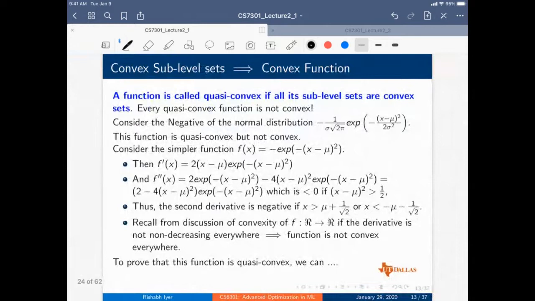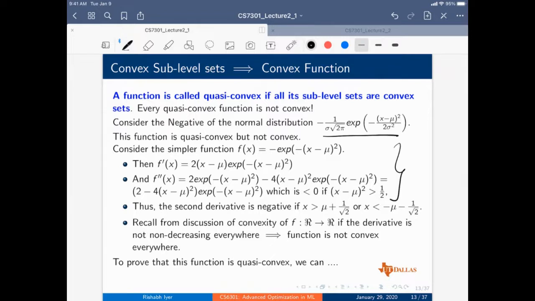This is another example. I'll go over it very quickly. This is the standard normal distribution function. So you take f of x to be 1 minus 1 over sigma square root 2 pi exp raised to minus x minus mu square over 2 sigma square, right? With this, you can show that this function is not convex.